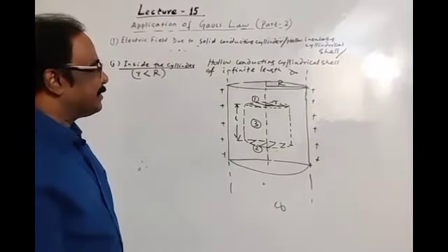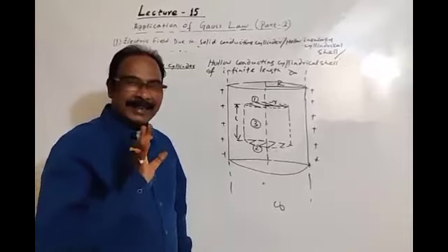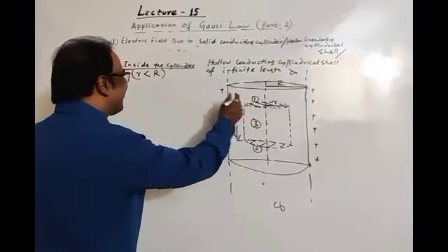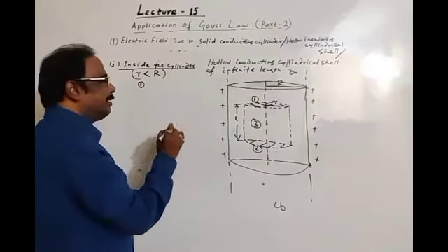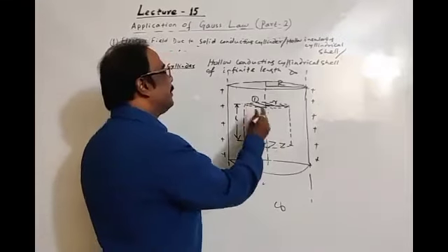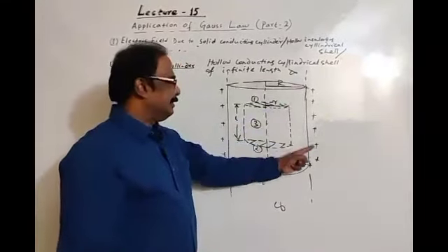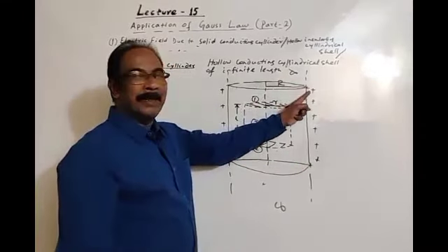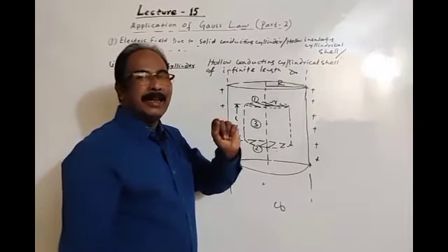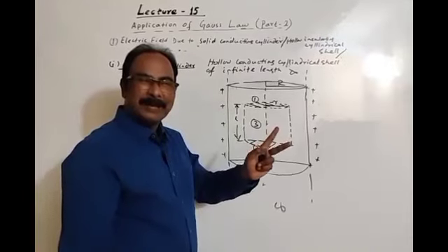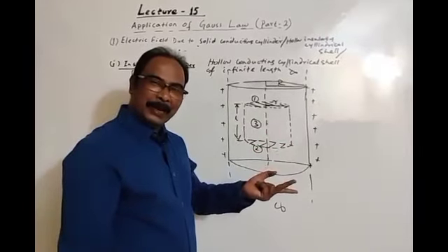Okay, so the first thing, for surface 1, see, inside the cylinder, this is the cylinder of radius capital R. Inside the cylinder there is no charge, so there is no electric field.